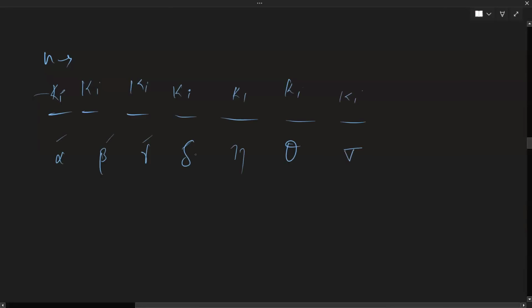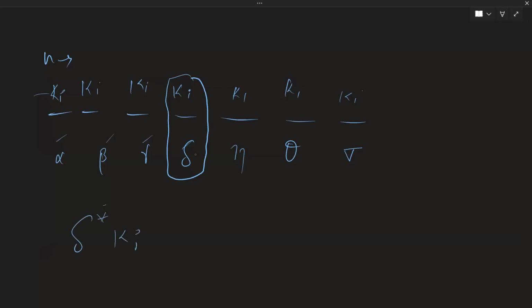So sigma on this. Now, if this is the outcome, like this is the winning outcome, I'll get specifically delta times ki coins, with whatever this ki is, k4.